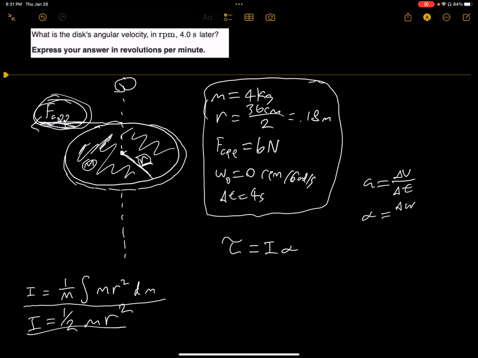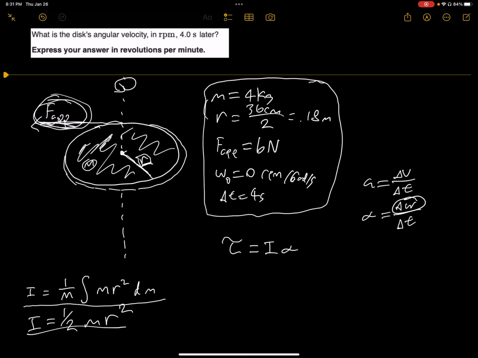It's the change in rotational velocity, or angular velocity, over the change in time. And this is really important and helpful, especially because we know that the disk is at rest initially, and so the change in omega, or in our rotational velocity, is going to be the final rotational velocity after those 4 seconds.